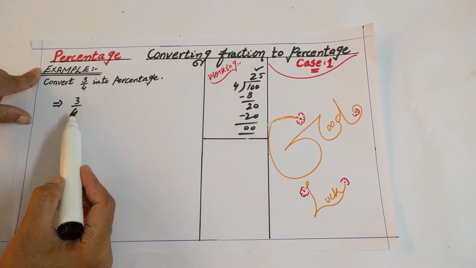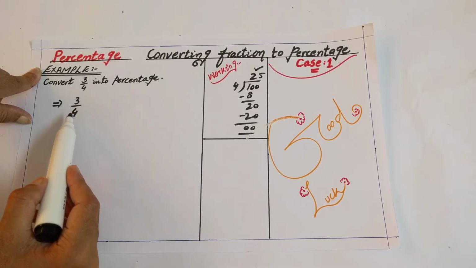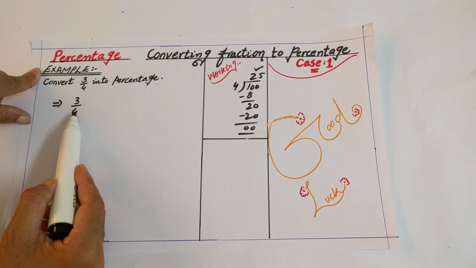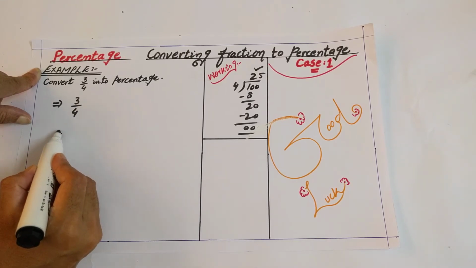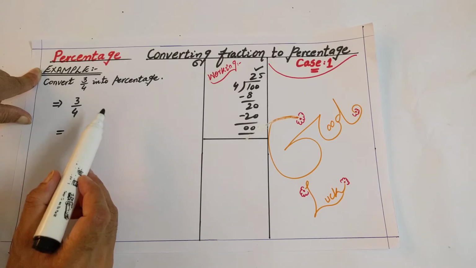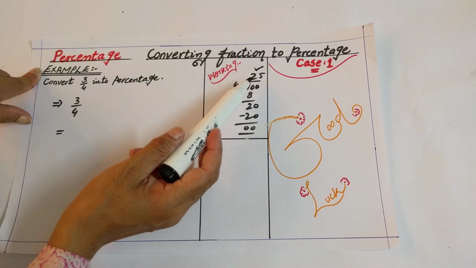If the denominator is a factor of 100, you can directly multiply the numerator and denominator by the same number to have 100. So in this example, 4 will be multiplied by 25 to have 100, because we are getting 100 by 25.